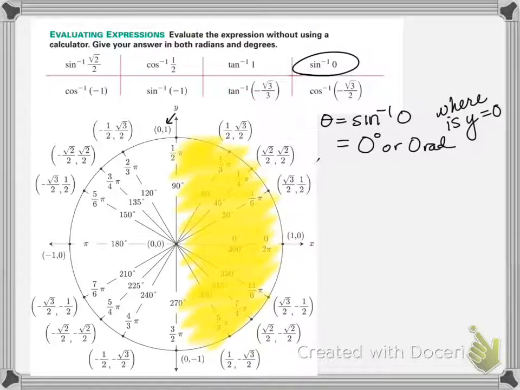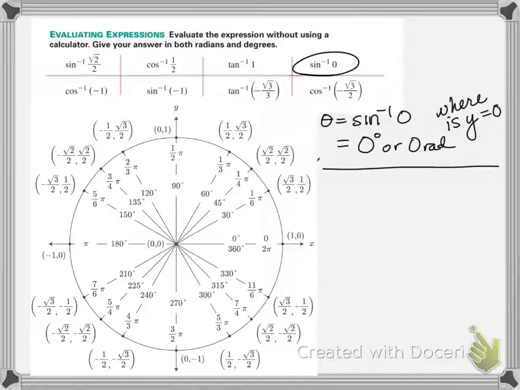Alrighty, let's do the next one. The next one is cosine inverse of -1. Let's do it orange. Okay, so theta equals the cosine inverse of -1. So cosine is what? What variable is cosine? Well, where is x going to be? -1. Cosine means x. Where is cosine to be shaded?